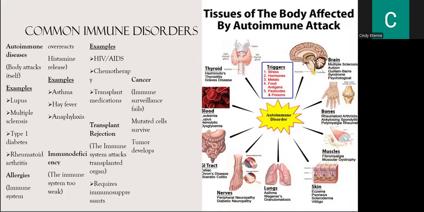Once you understand these core concepts, diseases like lupus, asthma, HIV/AIDS, transplant rejection, and cancer become much easier to understand. From this point forward, you'll simply apply the same immune principles to different disease processes throughout nursing school and clinical practice.